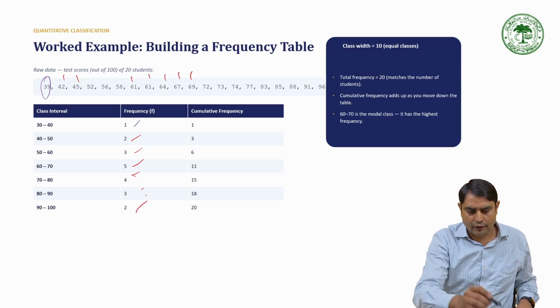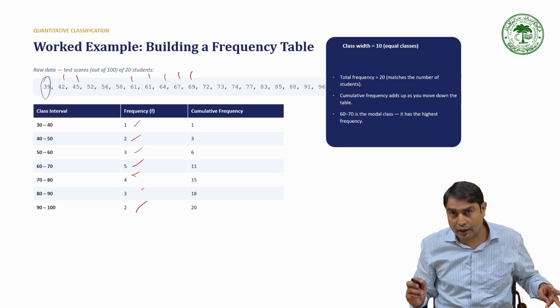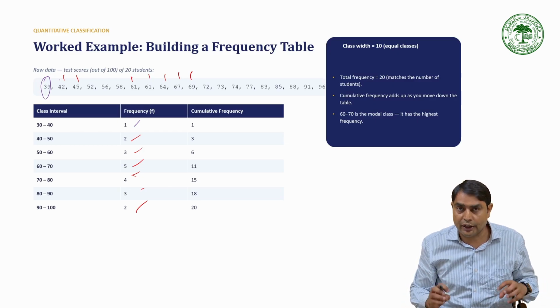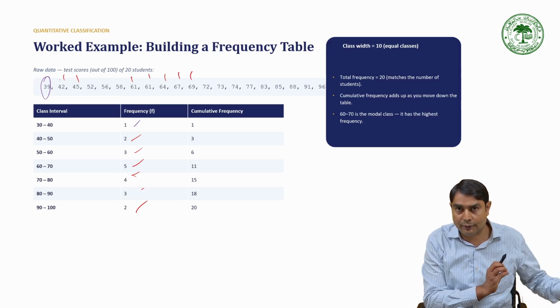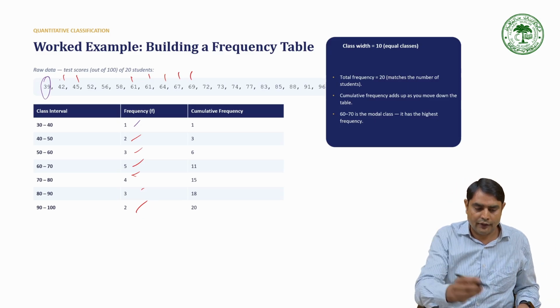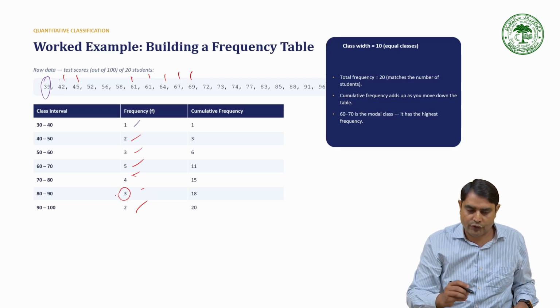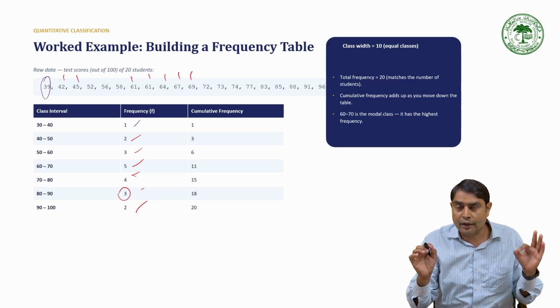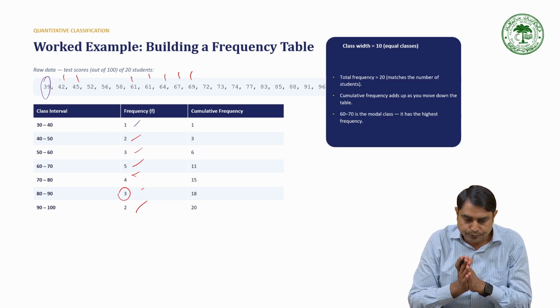So we find the number of values between the lower and the higher limit of the range, and then I put it in that particular range and mention it as the frequency of that range. So if I say that the frequency of the range 80 to 90 is 3, it means that there are three values which are more than 80 and less than 90, right?